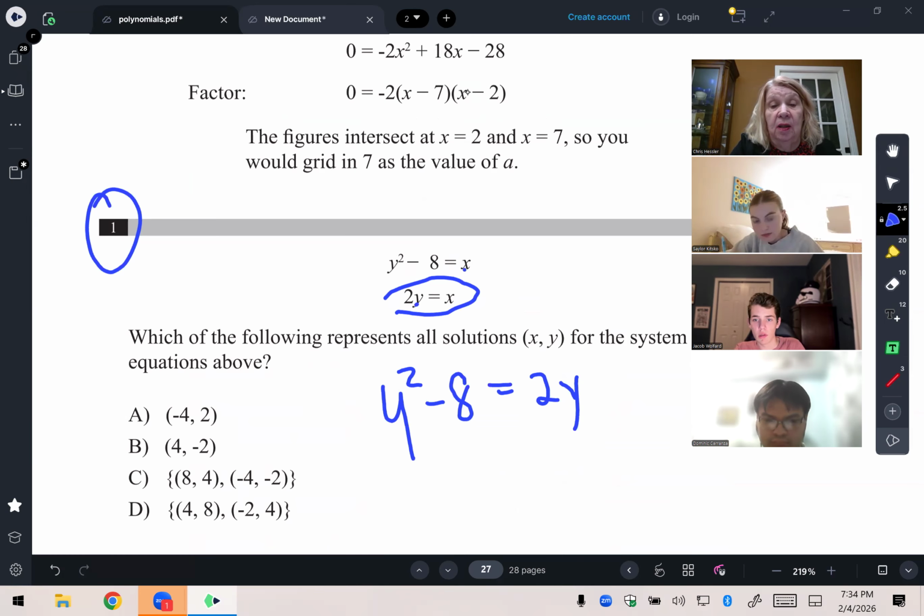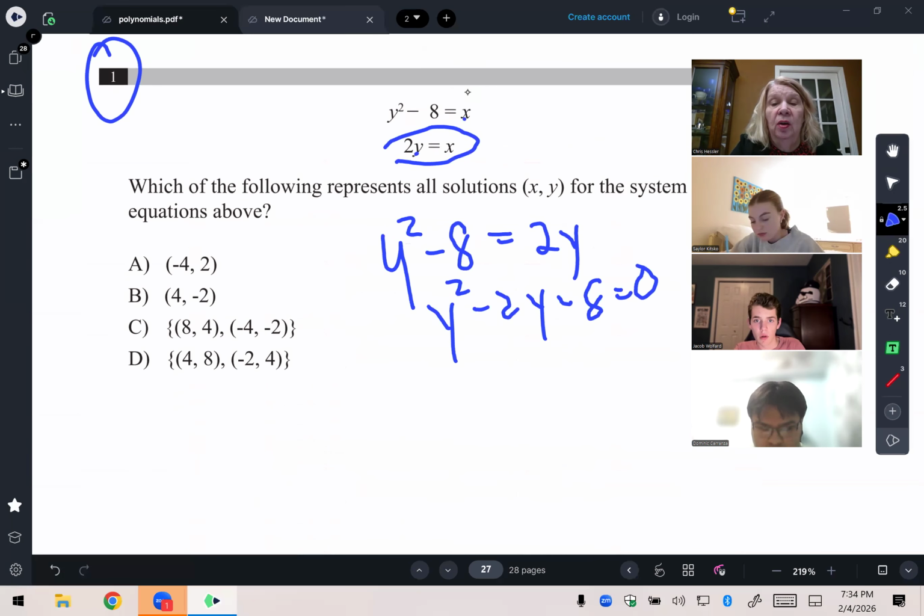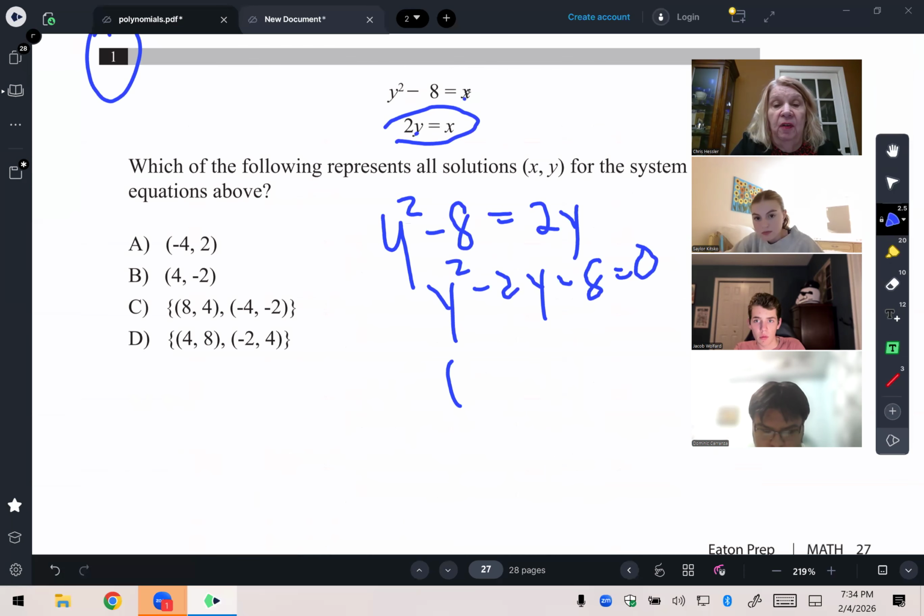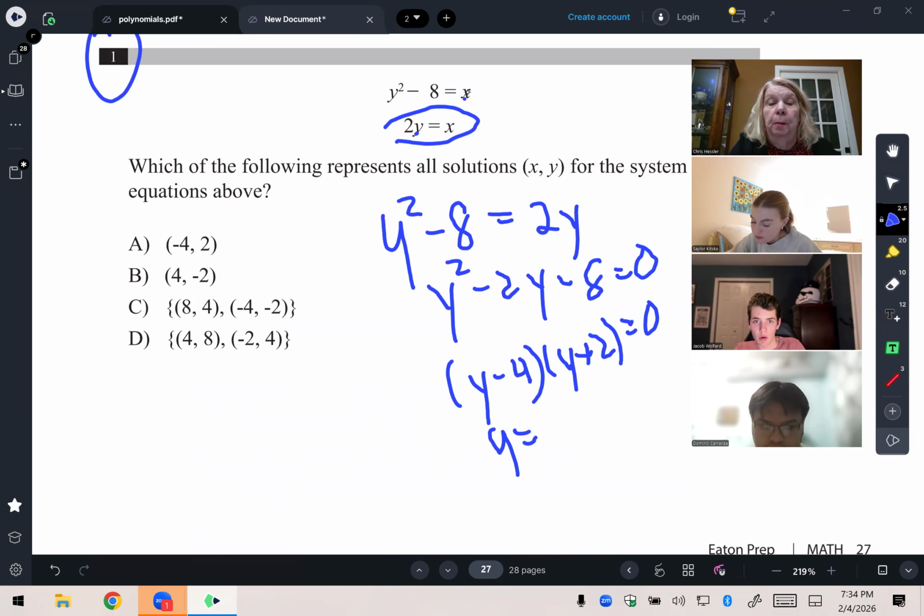That's what equals x. So then we're going to subtract the 2y. Well, we don't have to bring out the big gun now. We can just factor, because there's no plus or minus anything. So y could be a 4, or y could be a negative 2.